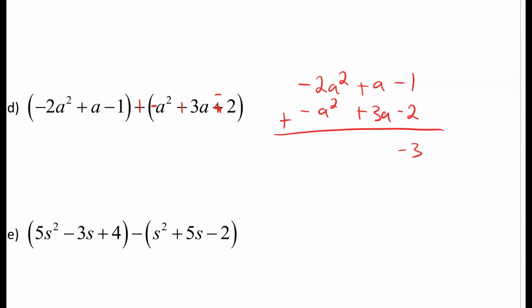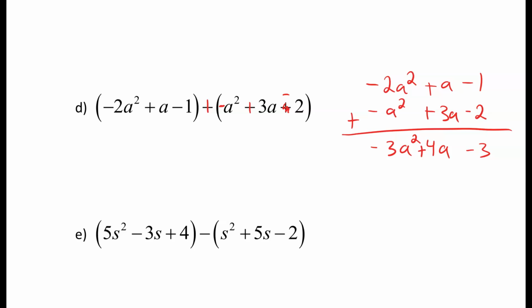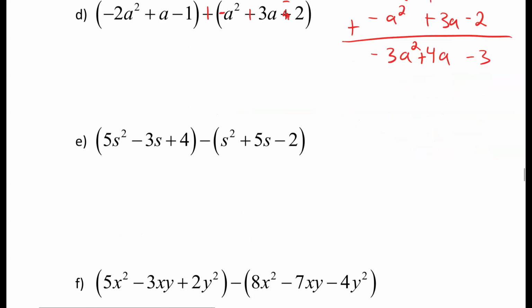Then I have a plus 3a, which is 4a, and -2a squared plus -a squared gives me -3a squared. Don't forget that plus in the middle. This would work out to be the same answer going left to right as well.